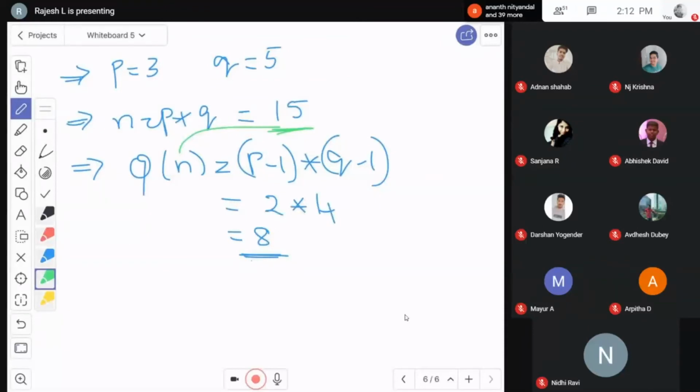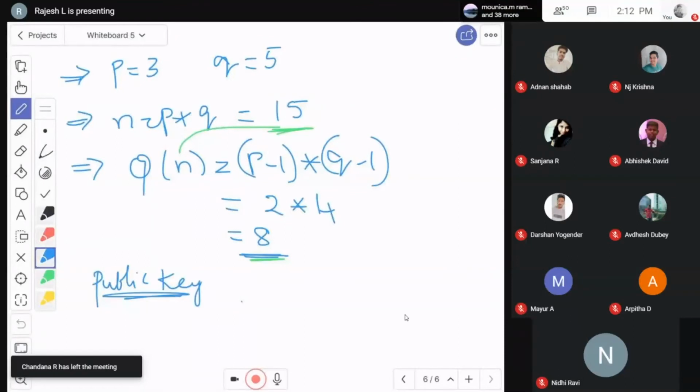After this, we need to find the public key. The public key should be determined in such a way that I select E greater than 1 and less than phi of n, with GCD of E comma phi of n equal to 1.